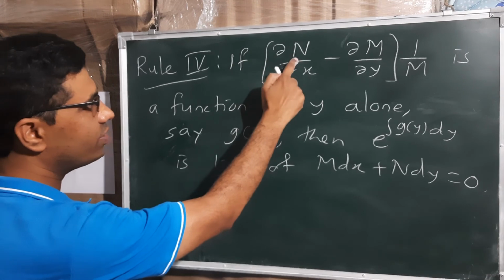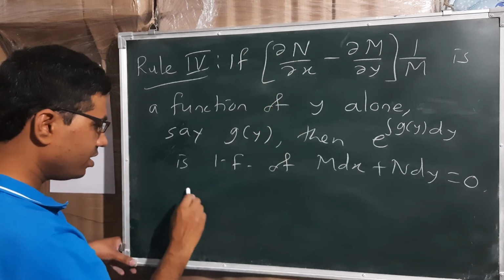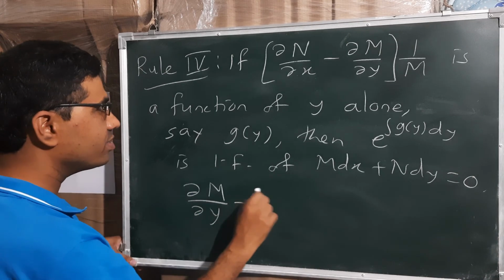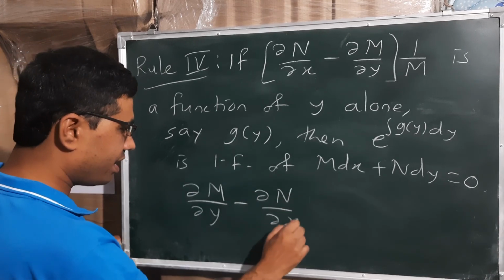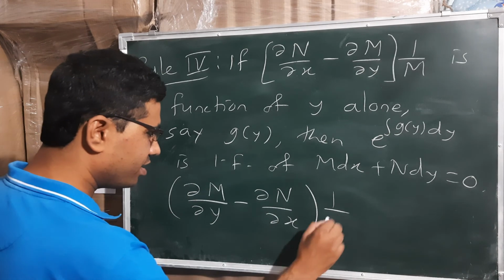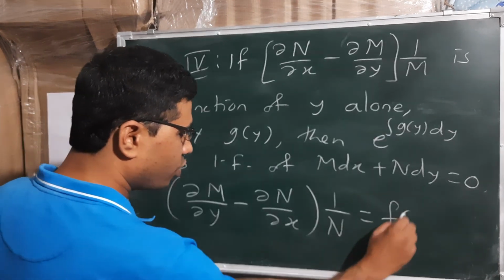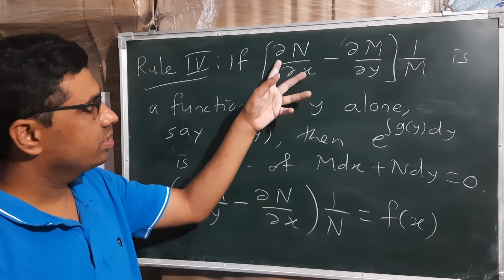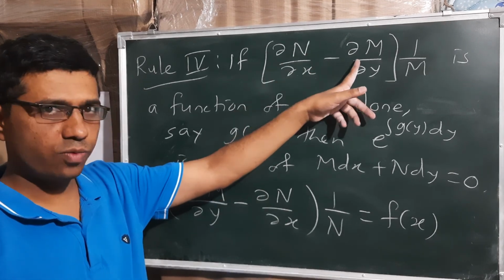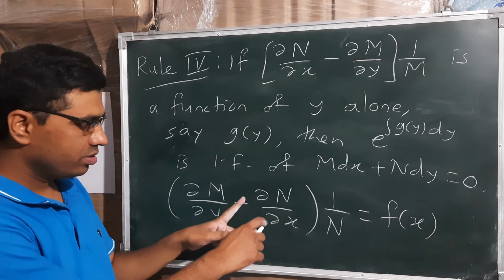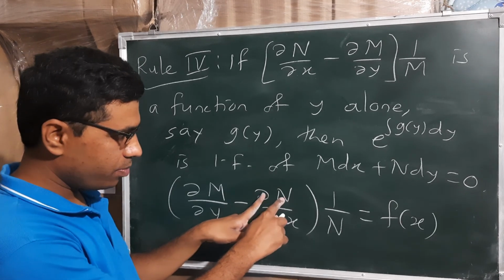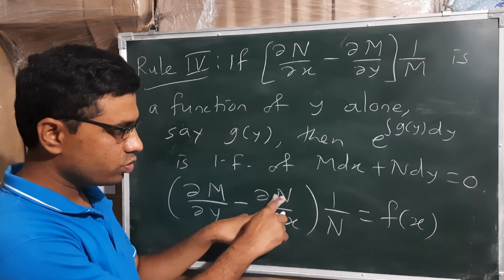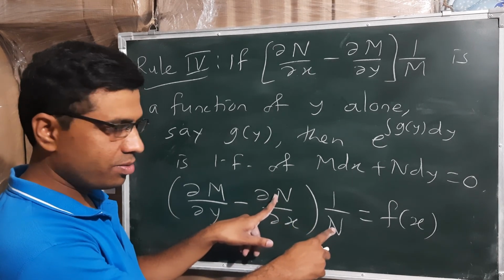So in third rule, what we were doing, we were checking del m by del y minus del n by del x divided by n is a function of x, and here there is an interchange of terms. So remember, here the partial derivative of n is the second term, and we are dividing by n.